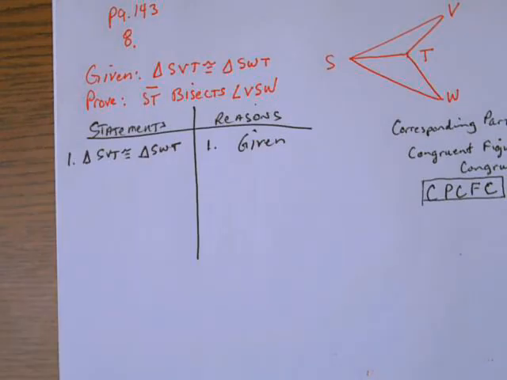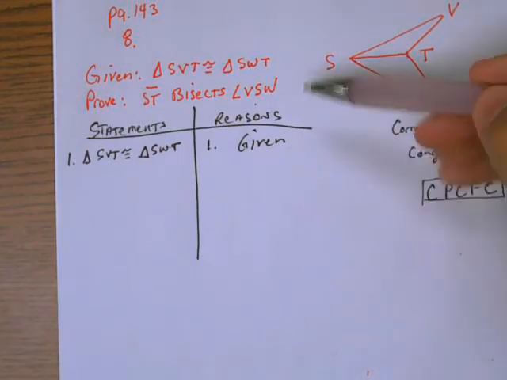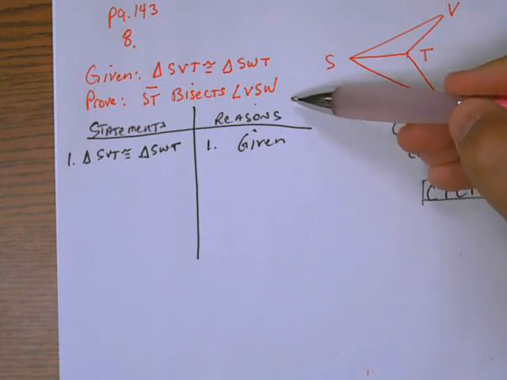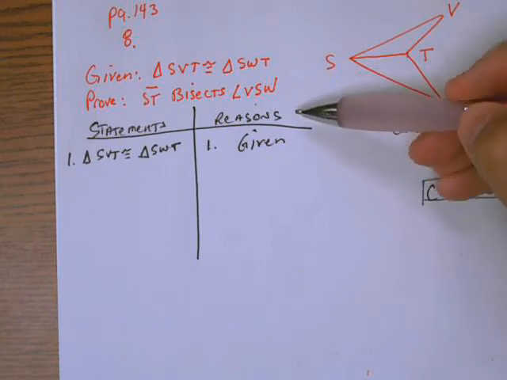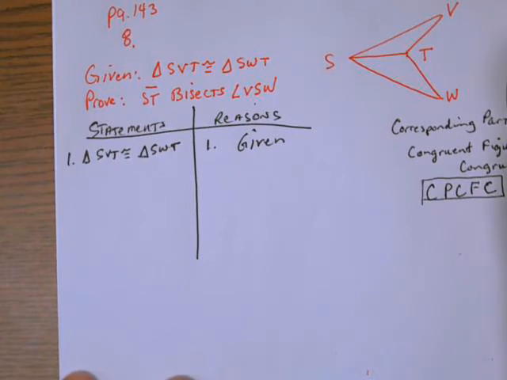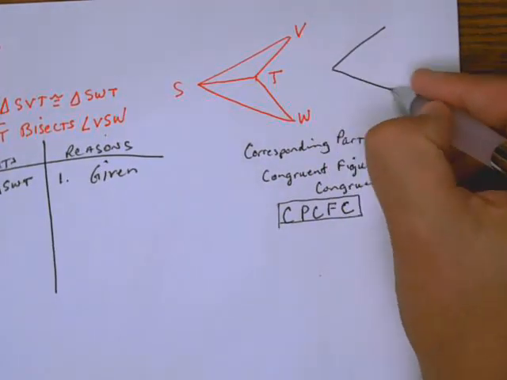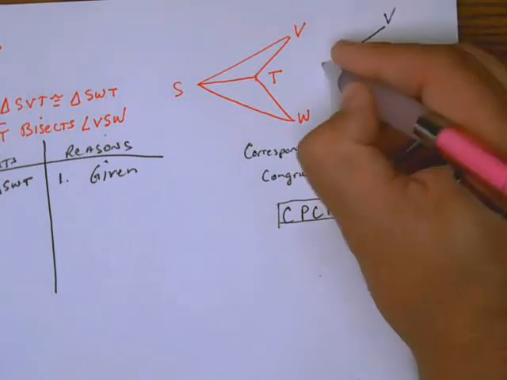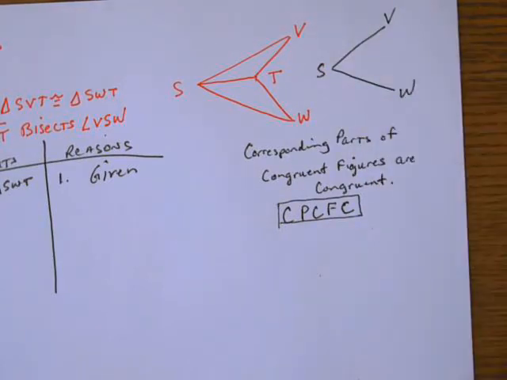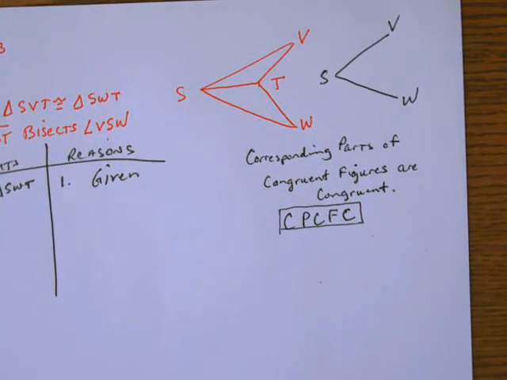Okay. So, same thing here. If I work backwards, if I wanted to say that ST bisects angle VSW, now let's look at angle VSW. I'm going to do something that I do recommend for some problems. Pull it out and look at it by itself. There's VSW. See how now that's just the angle.